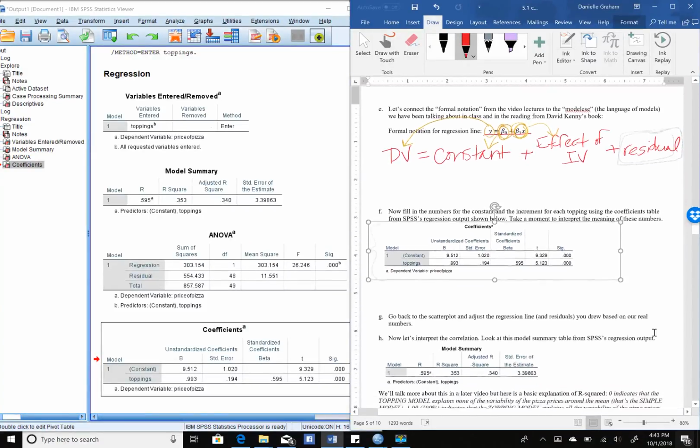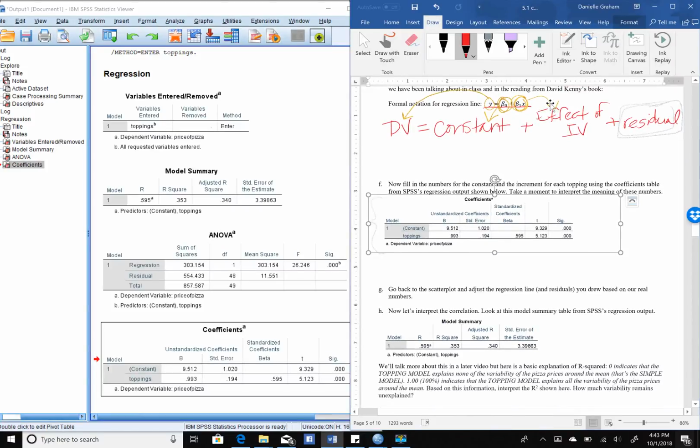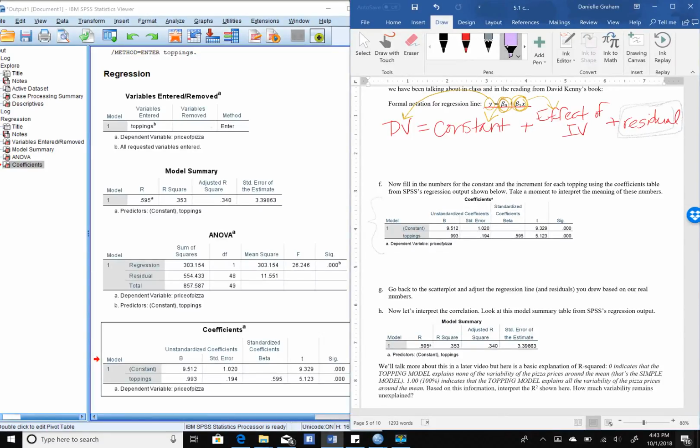From this coefficients table, we can plug in the b sub 0 or constant and the b sub 1, which is our slope. So where do we find that information? It is right here. To be more clear, let me highlight these in two different colors.